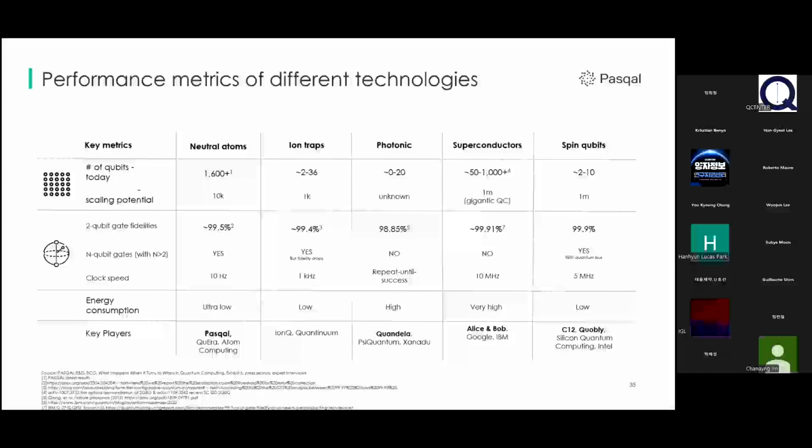This is still not all, so there is another important metric here, which is the clock speed. Clock speed refers to how fast you can carry out the iterations. We have mentioned from a theoretical point of view that measurement needs to be done to have some idea of what happens inside the quantum system.